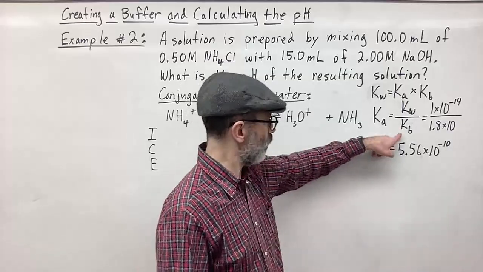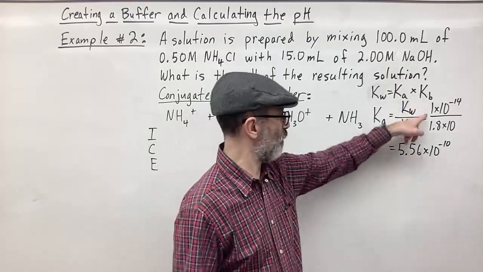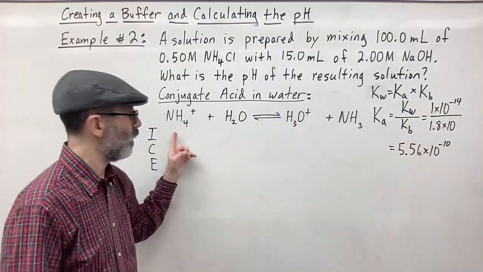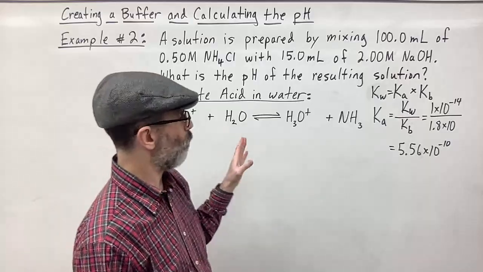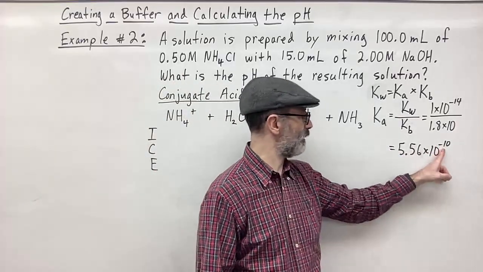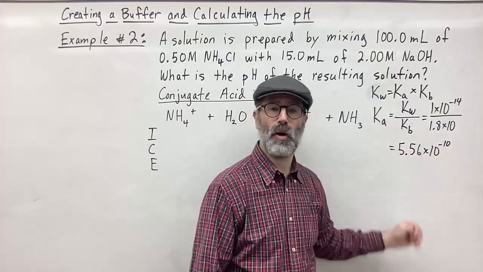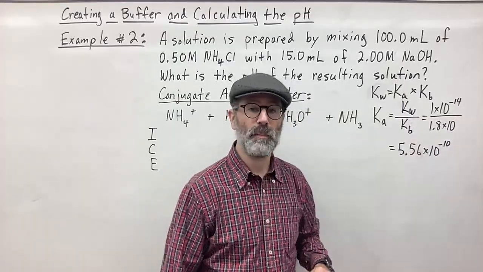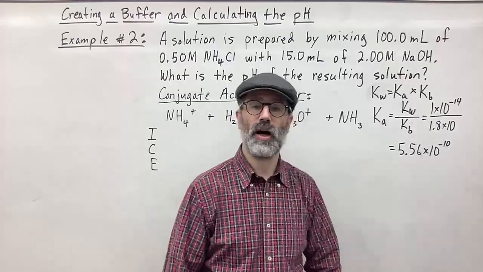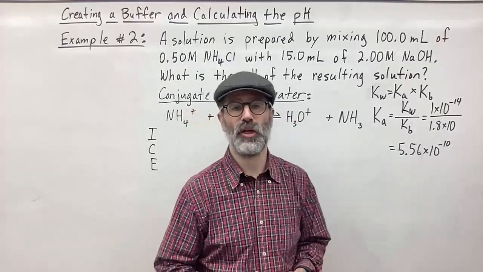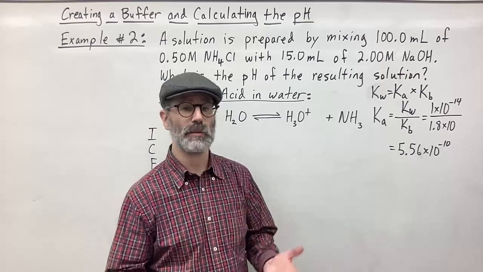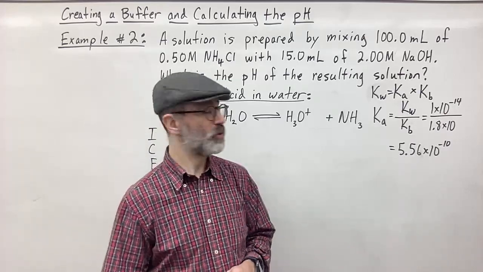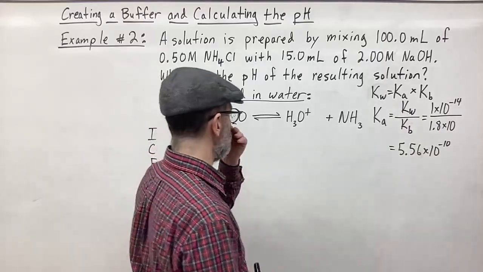And then you look up Kb, or it's given to you, and you divide the two, and you get this, which is your Ka value for ammonium. Now, what's important about this is that this is a negative 10, so this is a very, very, very small number. I'll come back to this in just a moment. But this is going to be important for indicating whether we can use the x is small approximation or assumption for solving this problem. So let's get started.